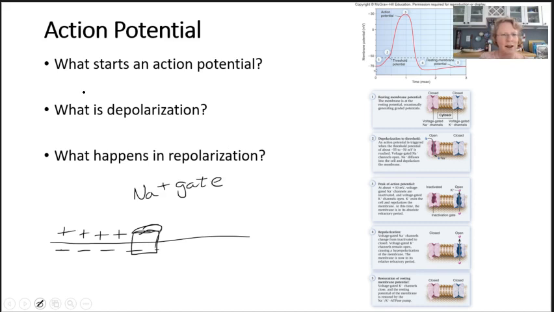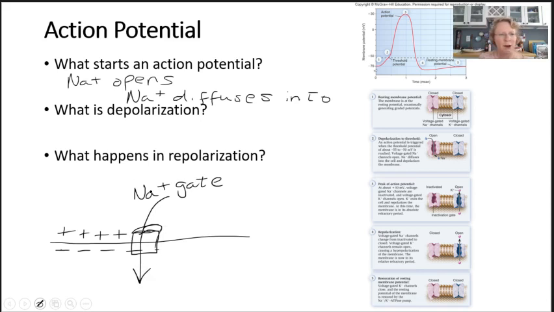So what starts an action potential? Our sodium gate opens and sodium diffuses into the cell. So now I've got sodium diffusing into the cell. So that means a lot of positive charges are coming in.